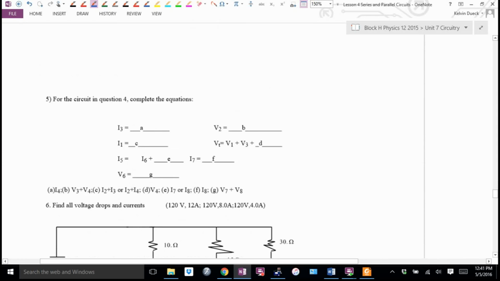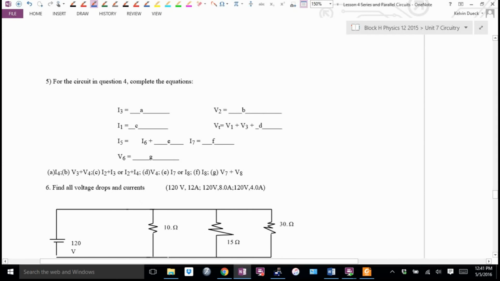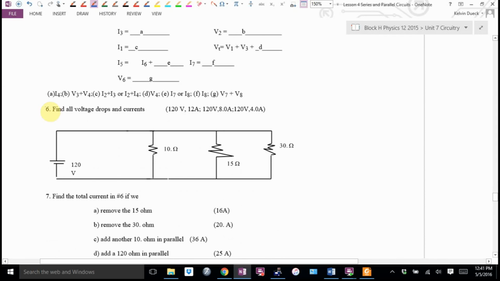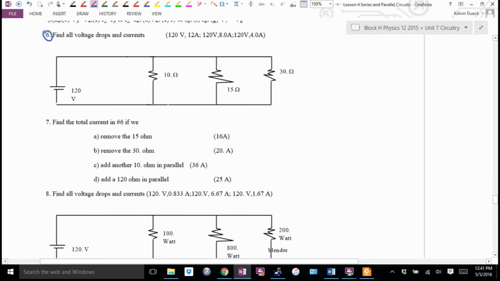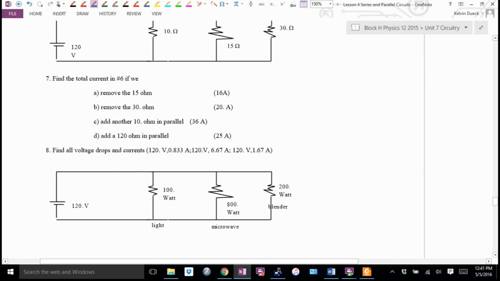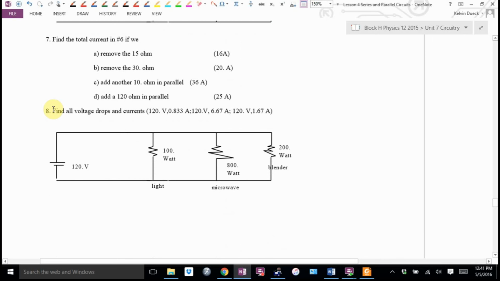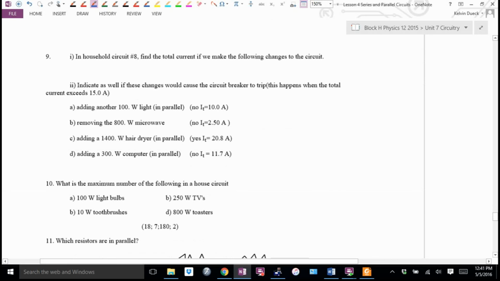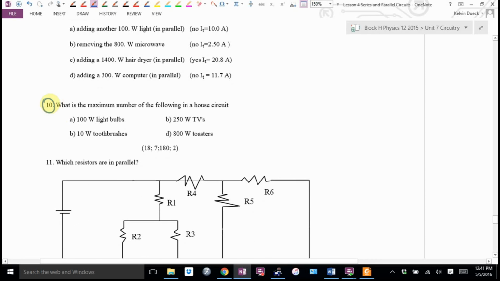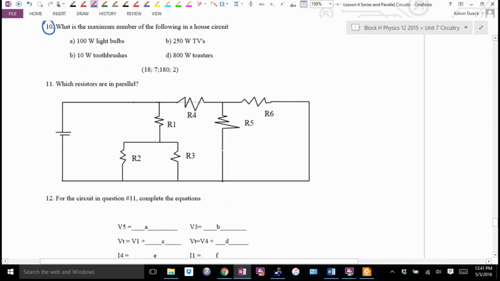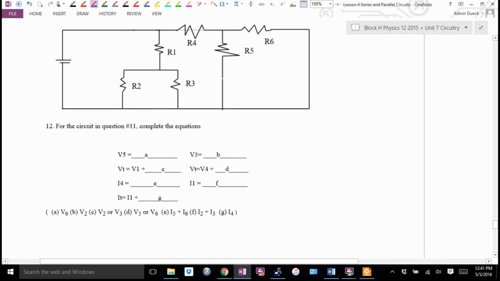Oops. I'm not going to make you complete the equations, though. 6 is good, so skip 5. 6 is good. 8 is good. 10 is good. 11.